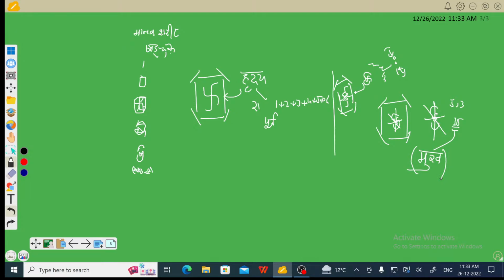And it is the mouth which will take us to the initiation stages of Ucharan, pronunciation, and Vartani. So, Ucharan and Vartani.